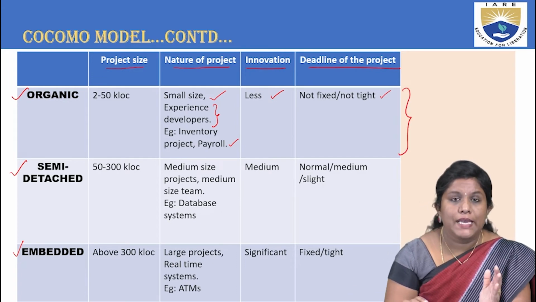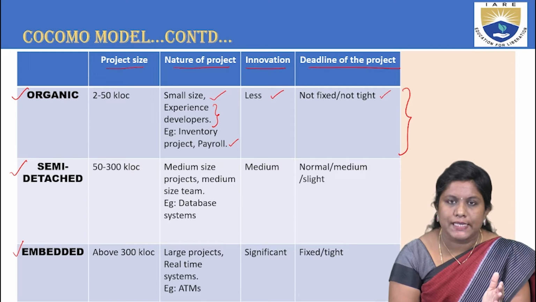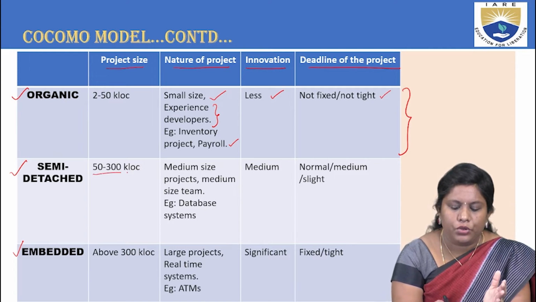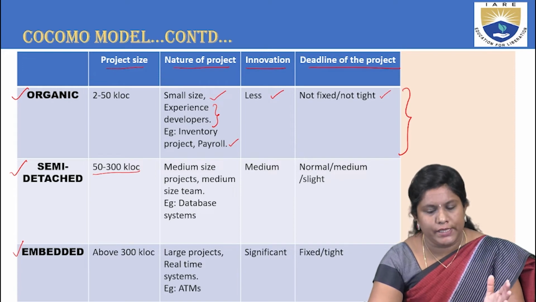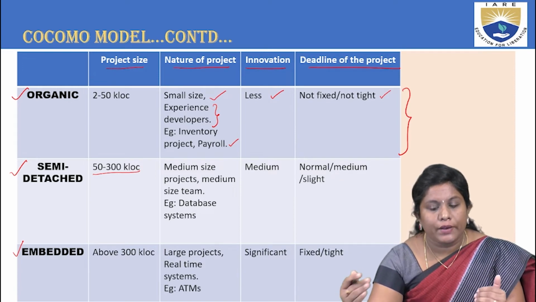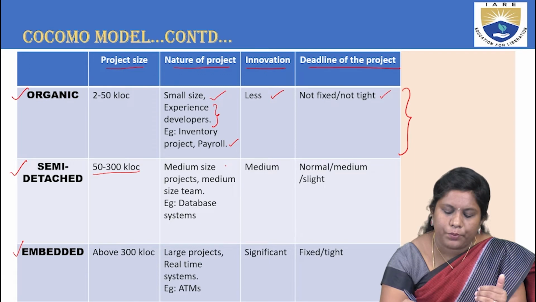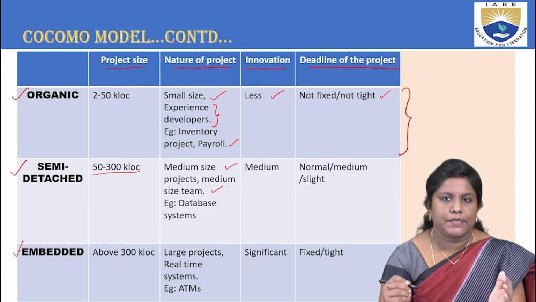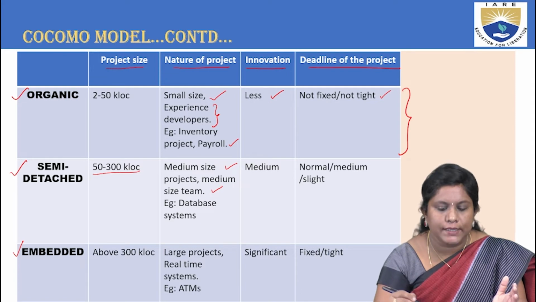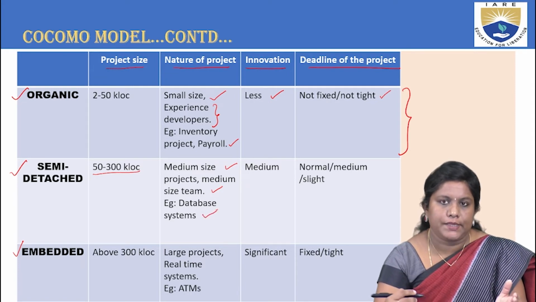Now, moving to semi-detached. It leads up to a project size of 50 to 300 KLOC. This semi-detached comes under the medium-sized project, and it also holds medium-sized teams. An example is database systems.